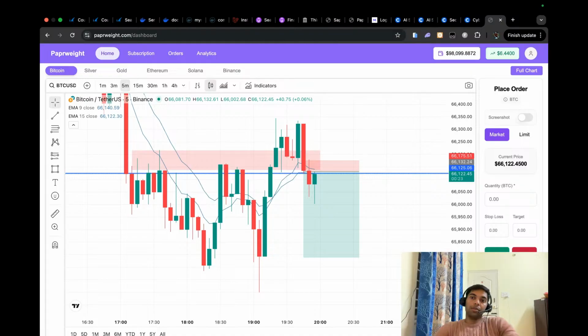I will make the position again if I see that market is getting rejection. But for some reason, it just made a pullback candle or rejection candle from nowhere. I don't know, from nowhere it made a candle.